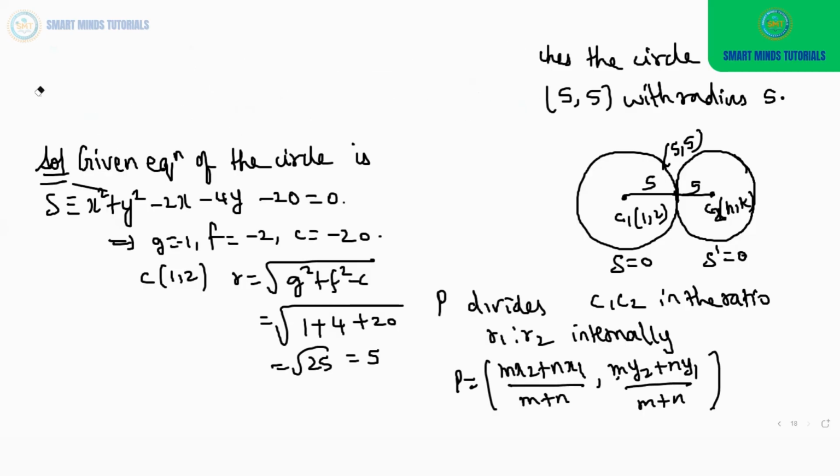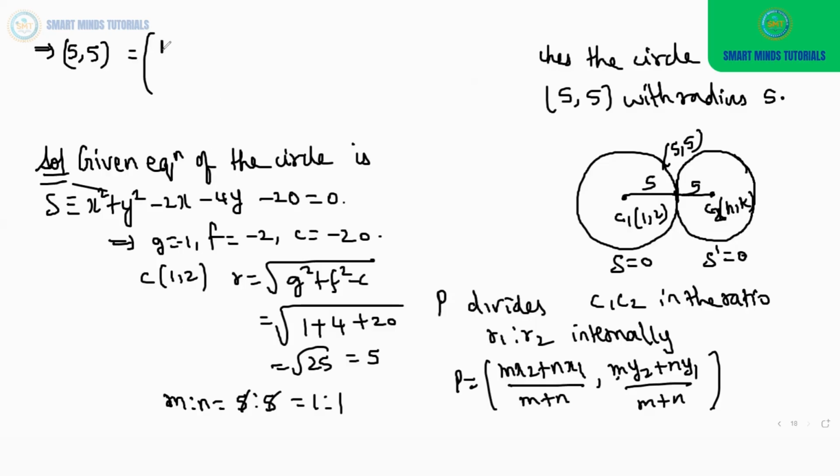Now you see how I am applying this formula. In the place of P, I am taking (5, 5). In the place of m, n, see, r1 is to r2, so 5 is to 5. The ratio is 5 is to 5, that is 1 is to 1. Cancel the 5, 5. For simplicity, the answer comes easily.